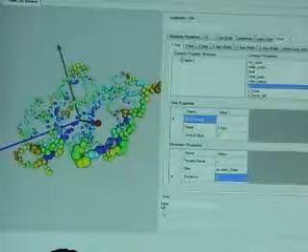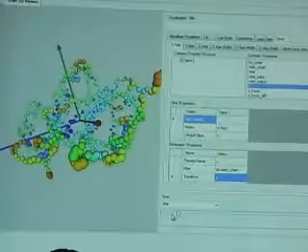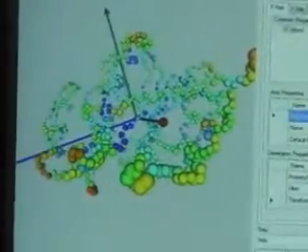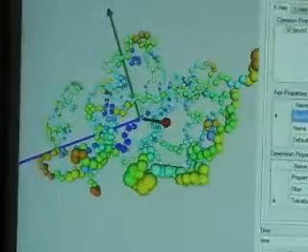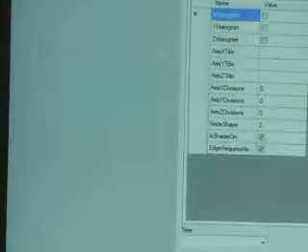Now, this is, of course, over a dynamic simulation, right? So you can look at the different time steps and step through it. And one of the other nice things here is that we can have integrated displays that talk to each other. So I'll load up atoms in this one.